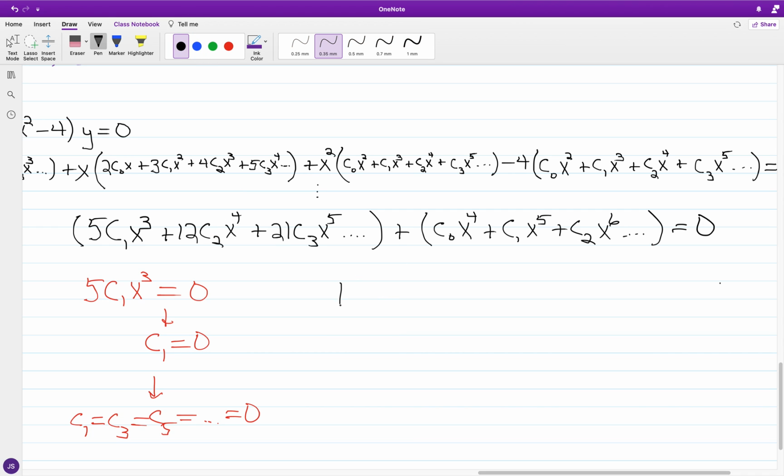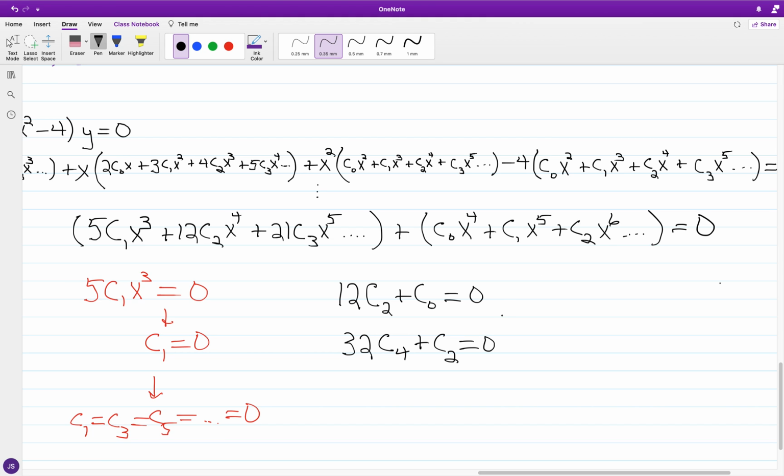So for this, we had 12c of 2 x to the 4th plus c naught x to the 4th. I was going to put this in terms of just the coefficients. We had 12c2 plus c naught is equal to 0, and next in line we would have 32c of 4 plus c of 2 is equal to 0.